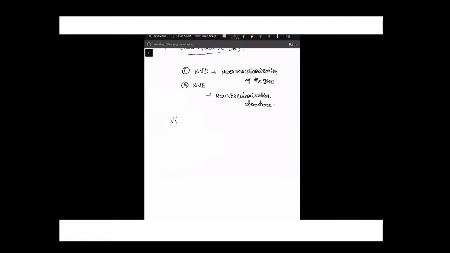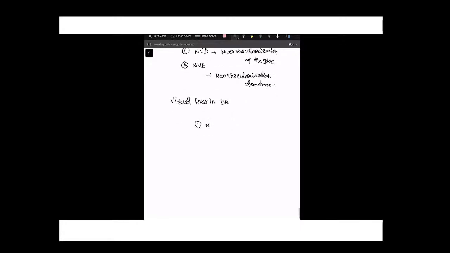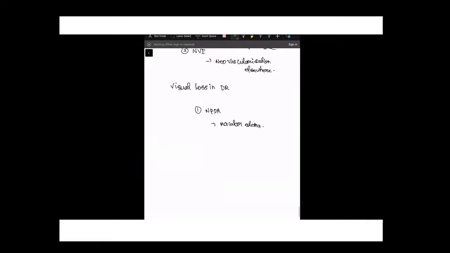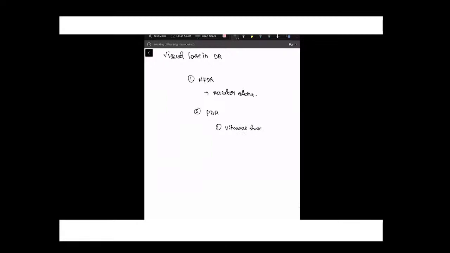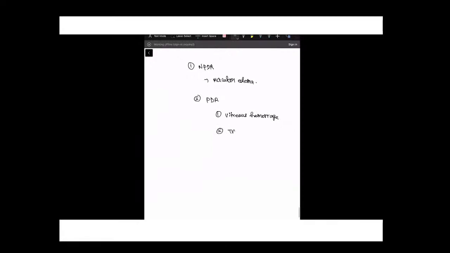So the visual loss in diabetic retinopathy: in case of non-proliferative diabetic retinopathy, it is due to the macular edema, and in proliferative diabetic retinopathy it is going to be due to vitreous hemorrhage or a retinal detachment, and the type is going to be tractional retinal detachment.